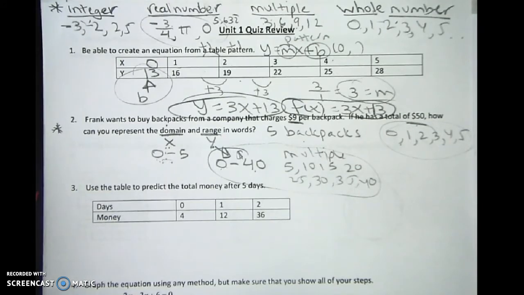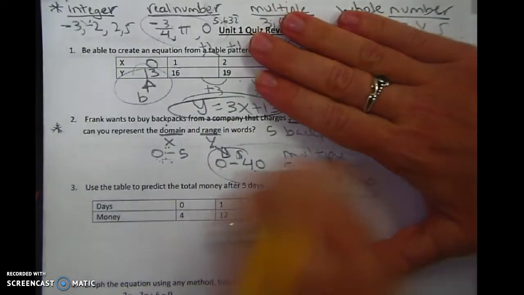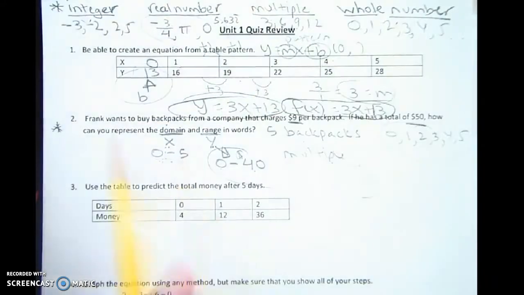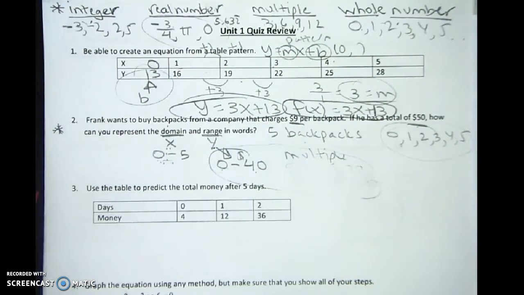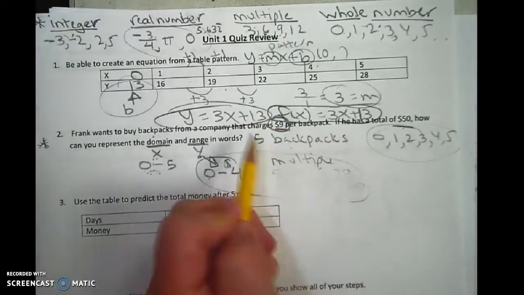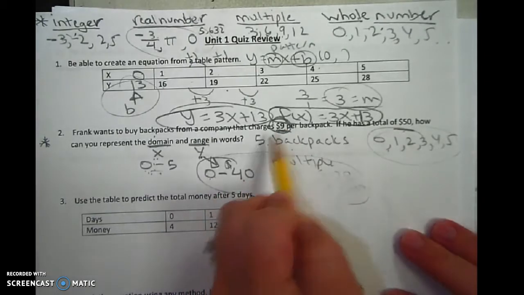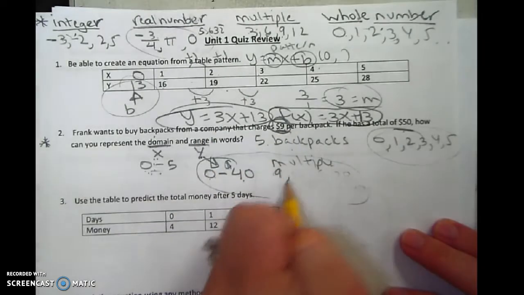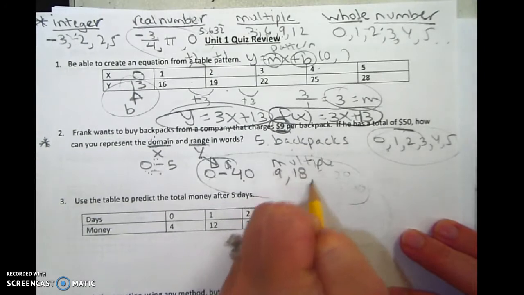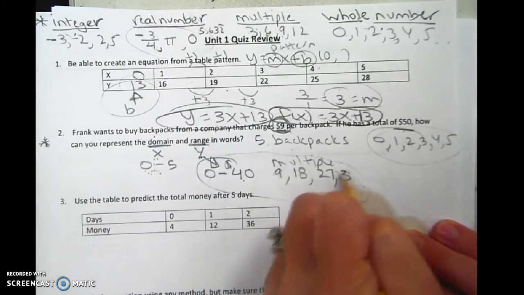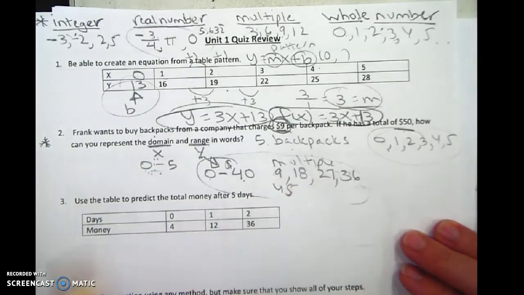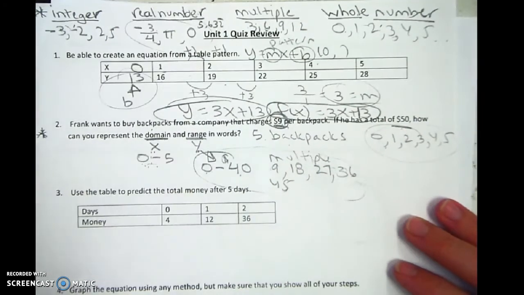Okay. I'm sorry. I made a mistake. I went a little bit too fast. The backpacks are $9. So we got to be careful because I messed up. So that means I can either spend $9, $18, $27, $36, up to $45. So let's say it one more time. Oops.